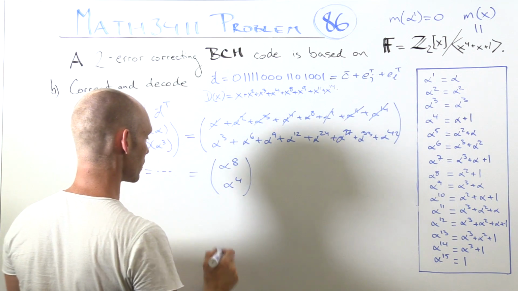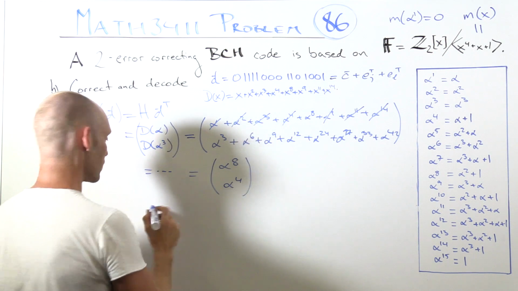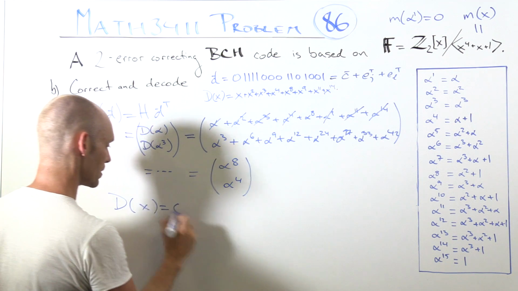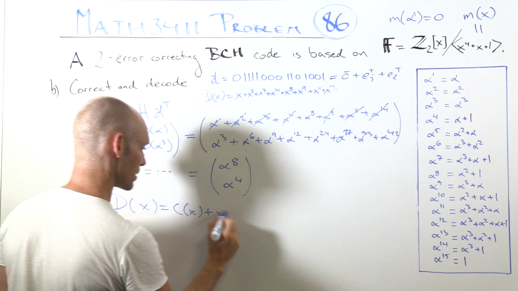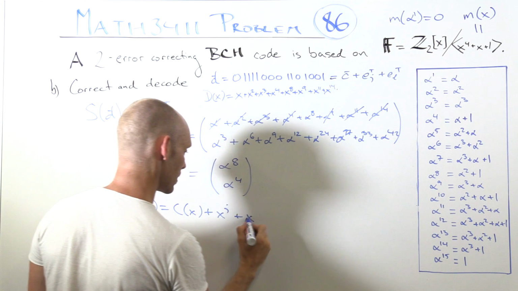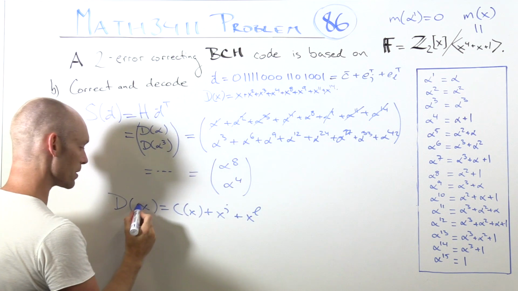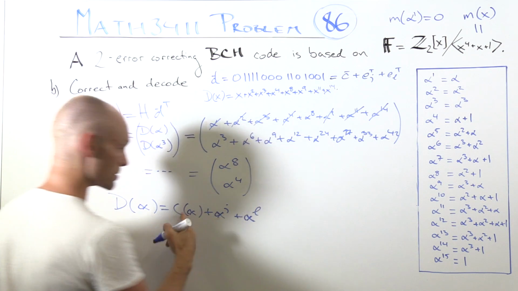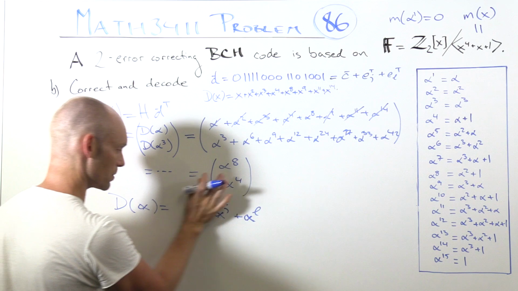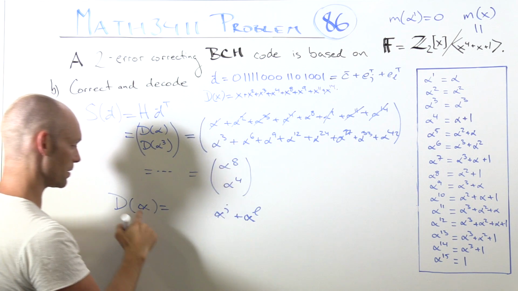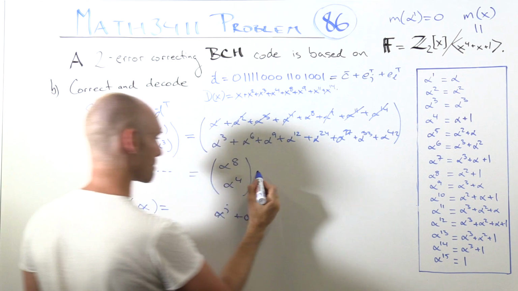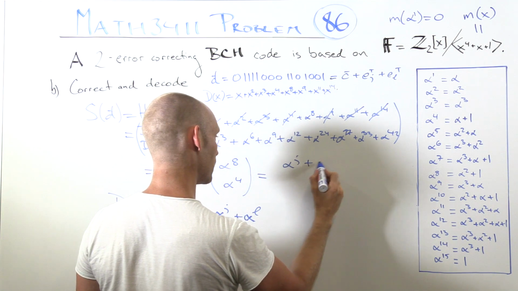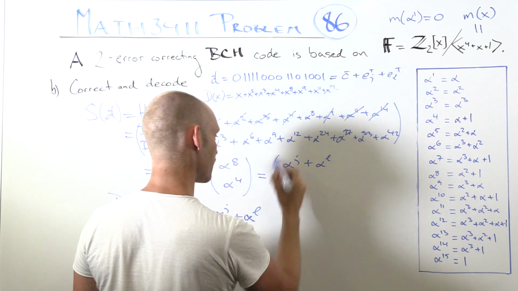then if you look at the corresponding polynomials, we've got D of x is equal to C of x plus x to the power of j plus x to the power of L. And if you evaluate this in alpha, you get that C is 0, so we just have that D of alpha is equal to the sum of these two.